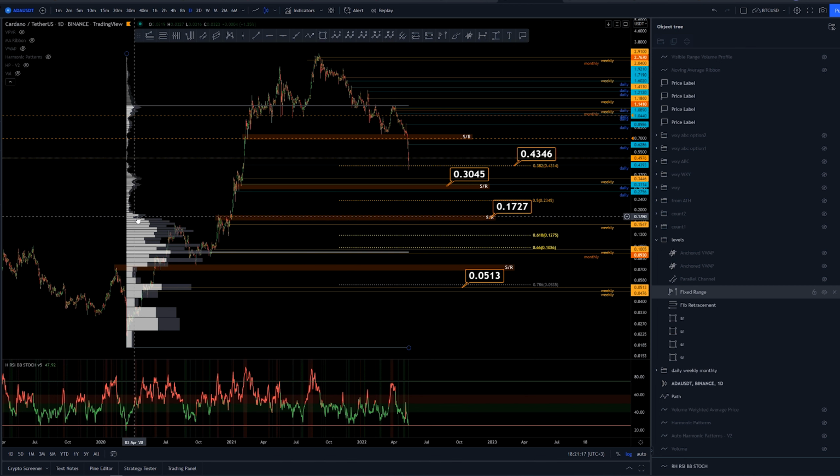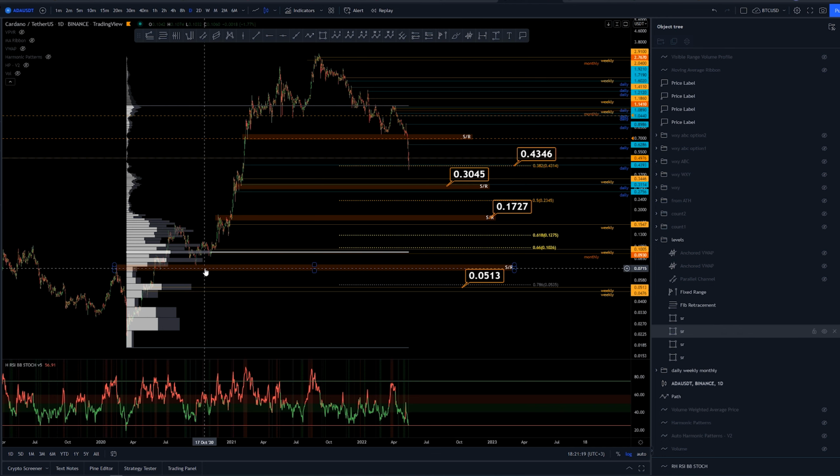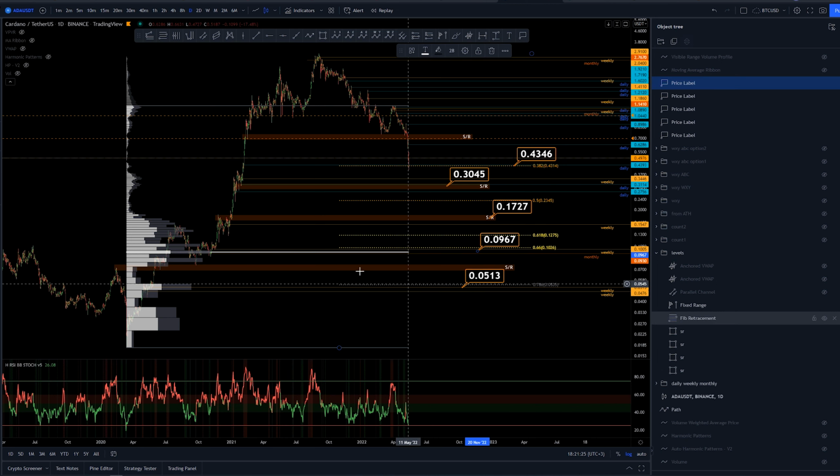We see so much volume here all throughout these levels, but if I need to pick some, again, the point of control of this whole range is at 9 cents and 9.7 cents. There's also weekly, monthly, and this golden pocket, or just below the golden pocket. Definitely an interesting area to me.